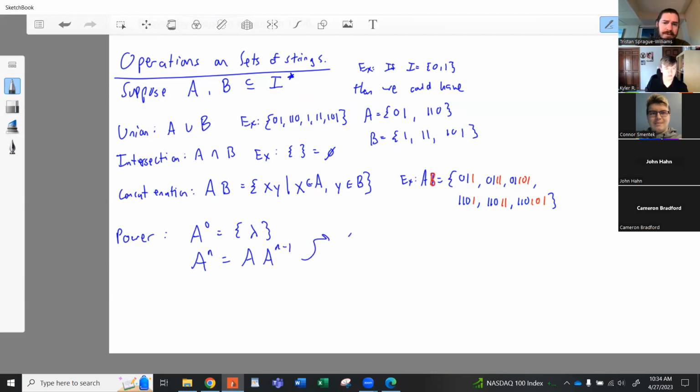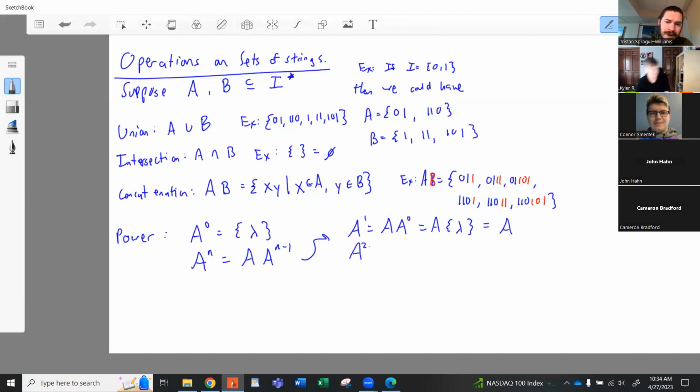So from this, we can obtain A to the power 1 is A concatenated with A to the power 0. In other words, A concatenated with the set containing lambda. When you concatenate everything in A with lambda, it's like an identity operation. It's like adding 0 or multiplying by 1. You just get the same thing you started with right back again. So the result of this is just A. So A to the power 1 equals A, like we would want.